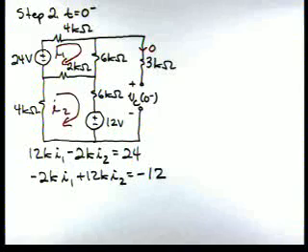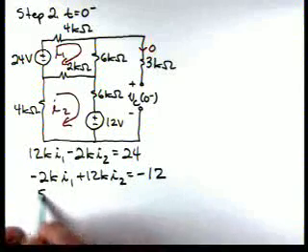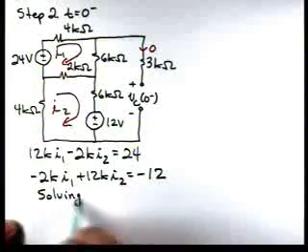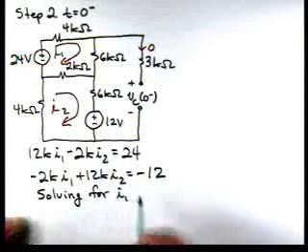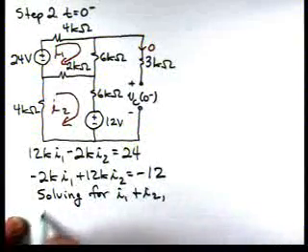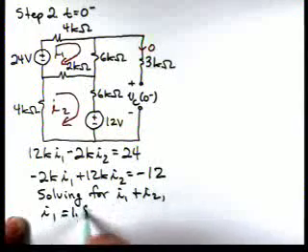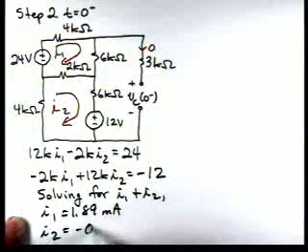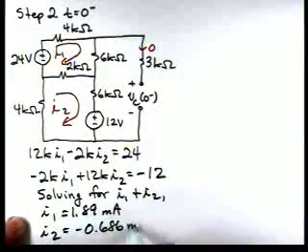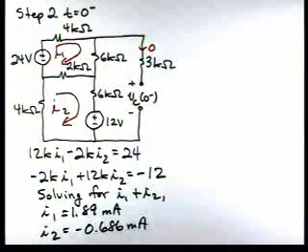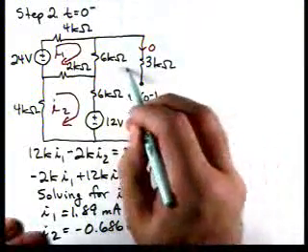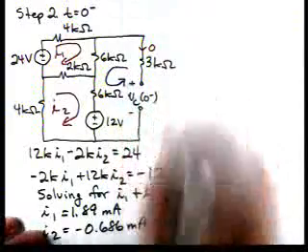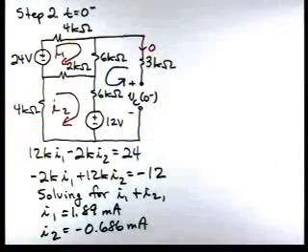Now, if we solve for I1 and I2, we get I1 is 1.89 milliamps, and I2 is minus 0.686 milliamps. Now we want to calculate the voltage, VC0 minus. We need to do KVL around this loop.